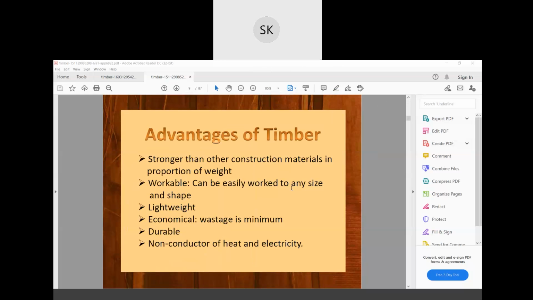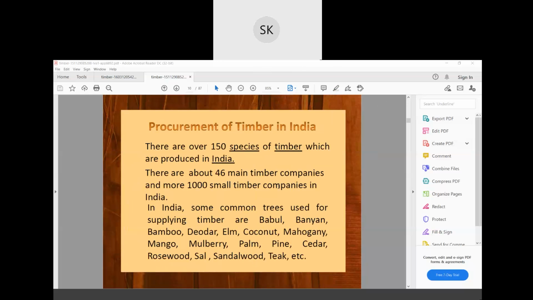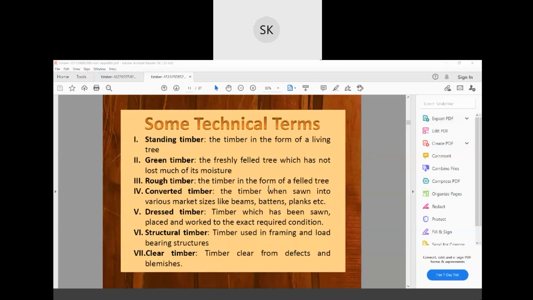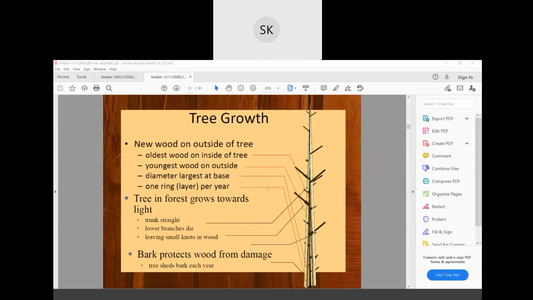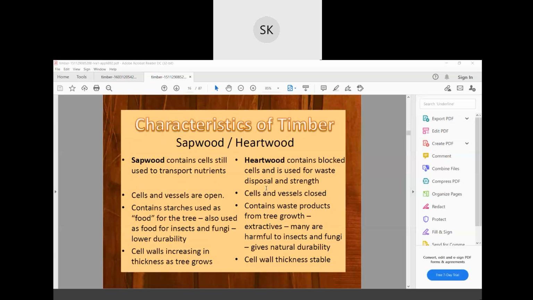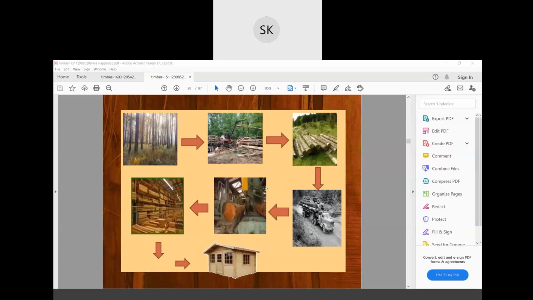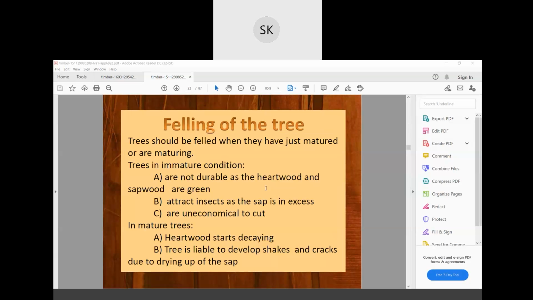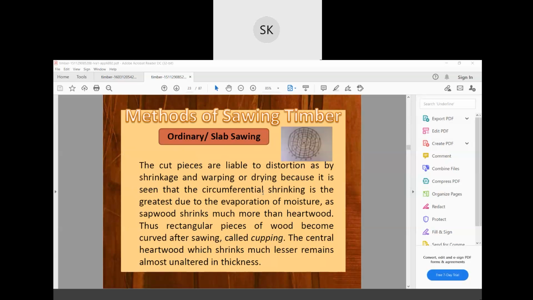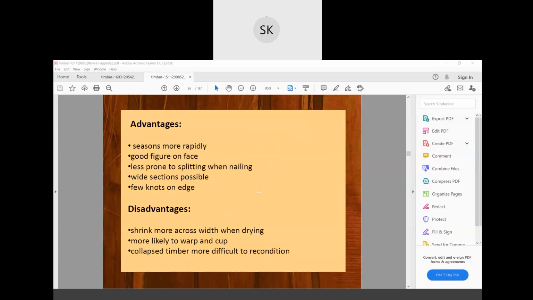Okay, in the last class, we discussed timber, right? Advantages of timber, how you can procure the timber in India. There were some technical terms, classification of timber, then different methods of sawing in timber.